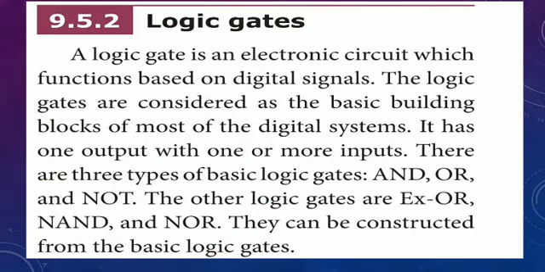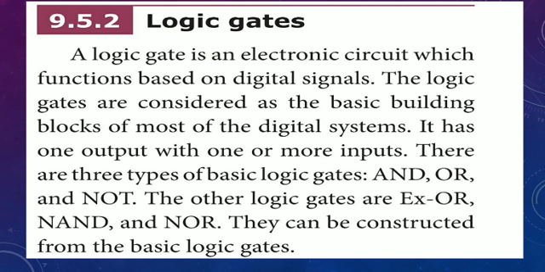Now, in our book, a logic gate is an electronic circuit which functions based on digital signals, and logic gates are considered the basic building blocks of most digital systems.